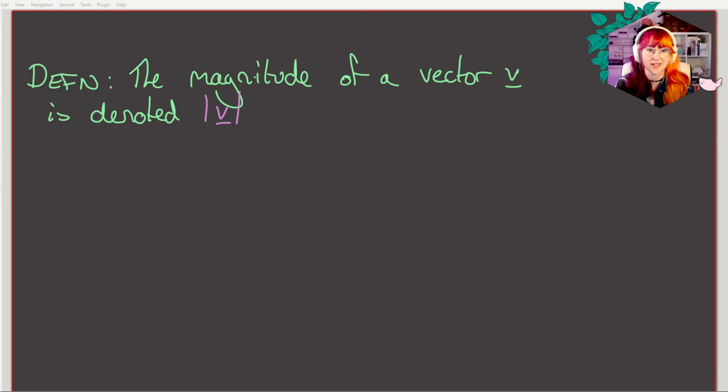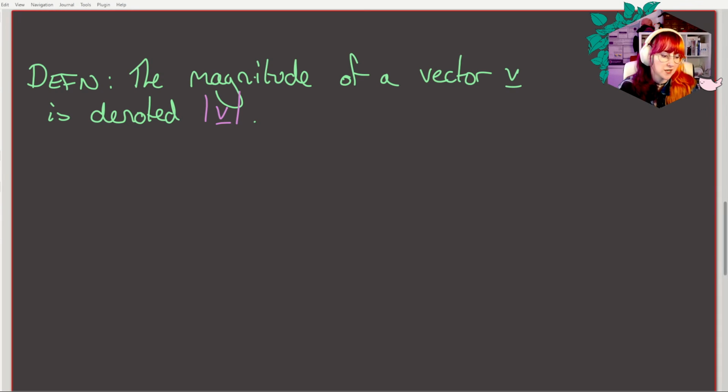Yeah, so those straight line things are modulus or norm symbols, but we use this notation. So anytime you have a vector, to find the size of it, you do these straight lines.